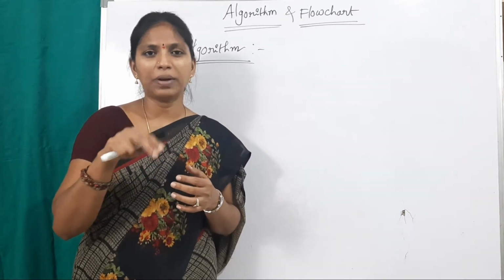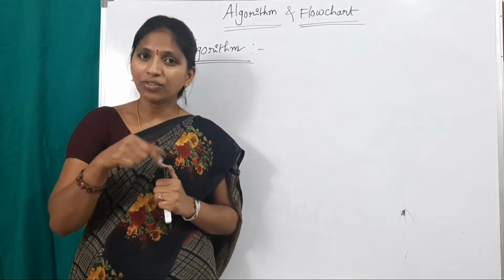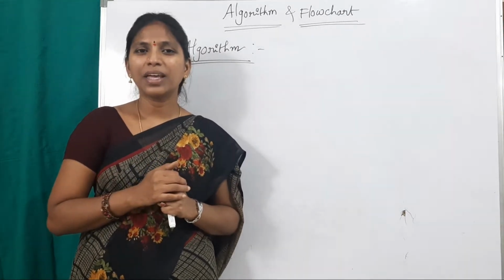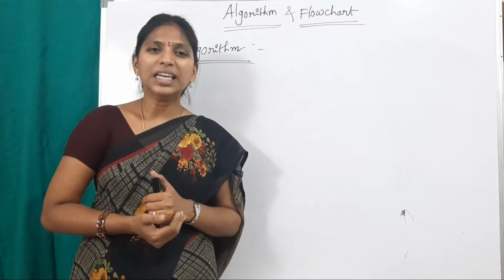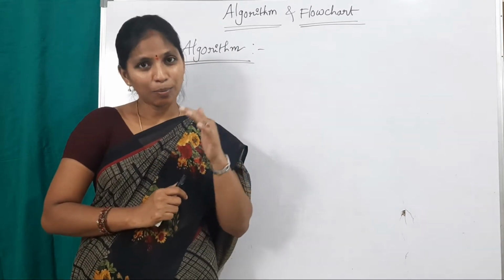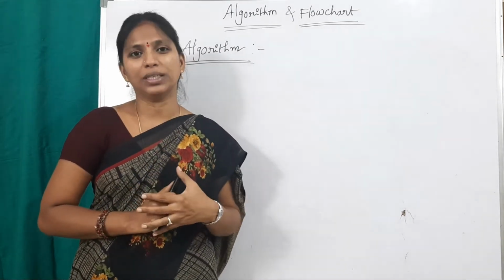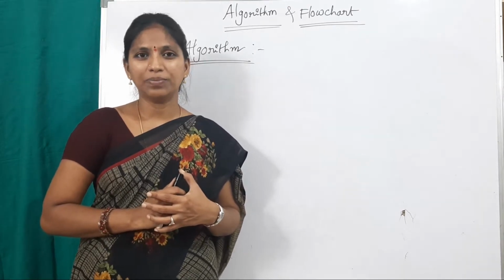I start the preparation of biryani. Cooking is called process. After processing, there is a very delicious veg biryani. So here there are different steps: input, process and output. There are many steps. That is called algorithm.